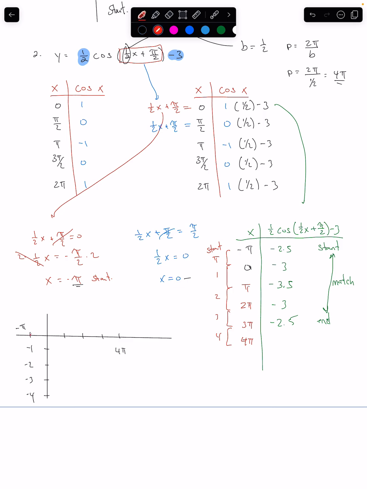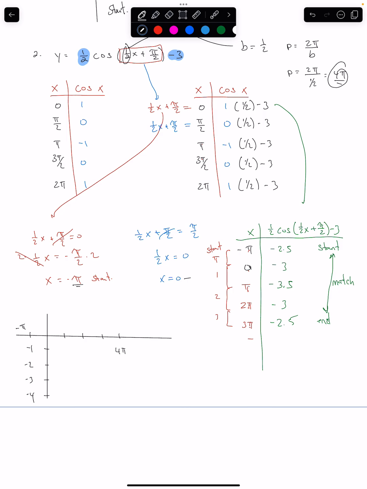So again, it's 1, 2. Did I go too far? 1, 2, 3, 4, 5. Oops, sorry. I went too far in this one. I did one too many. So 1 pi, 2 pi, 3 pi, 4 pi.